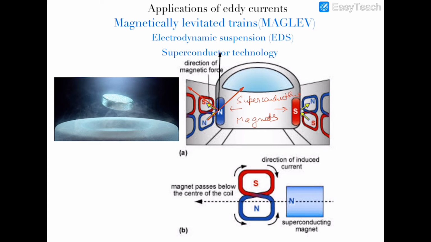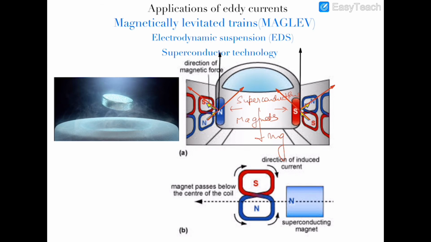Similarly, this south will repel this south pole, and this north will attract this south pole. So the vertical components of both these forces are like that. These two vertical components are lifting up this train, and they are balancing the mg of the train. So this is the levitation technology.